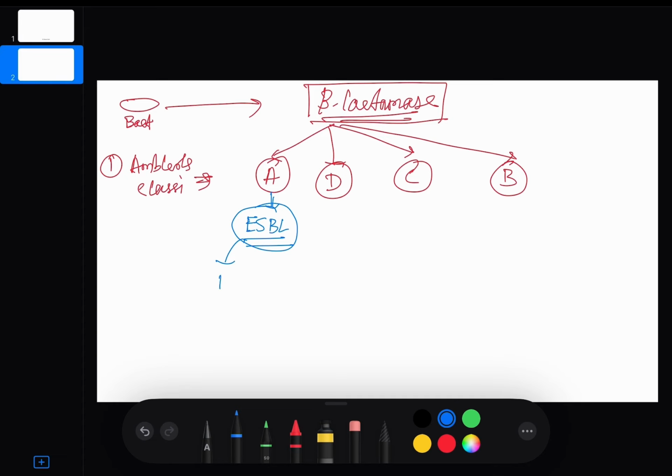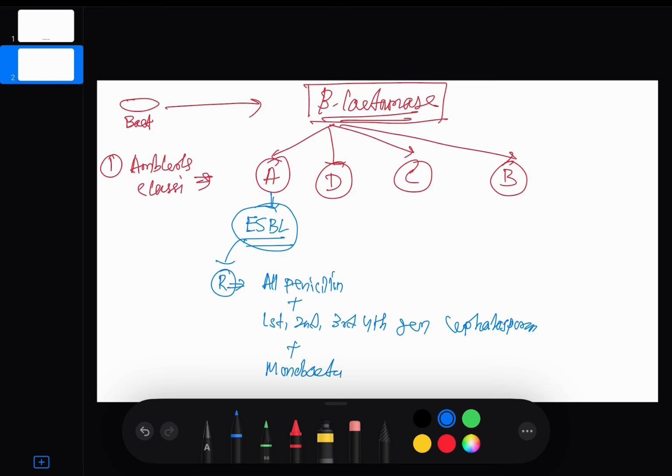It is resistant to all penicillins plus first, second, third and fourth generation cephalosporins, plus it is also resistant to the monobactam group, that is Aztreonam.